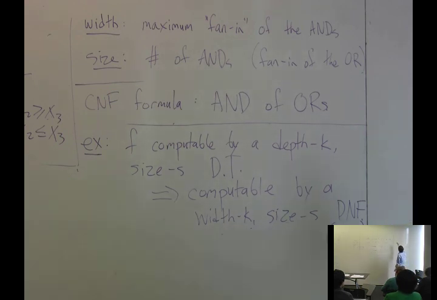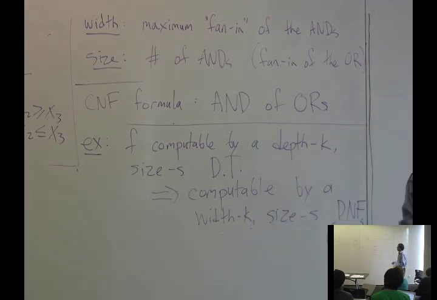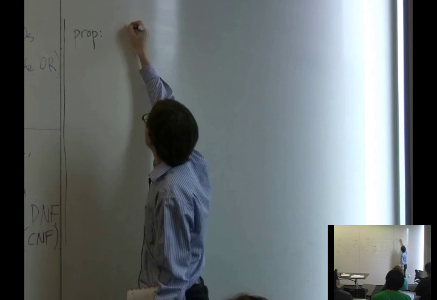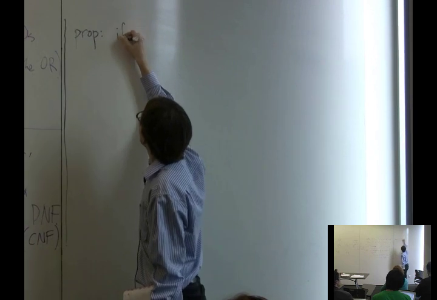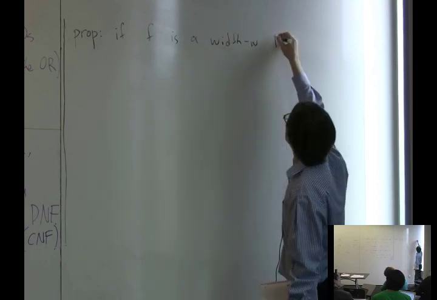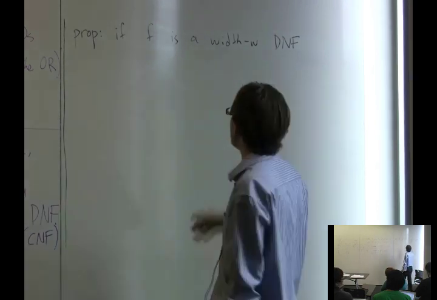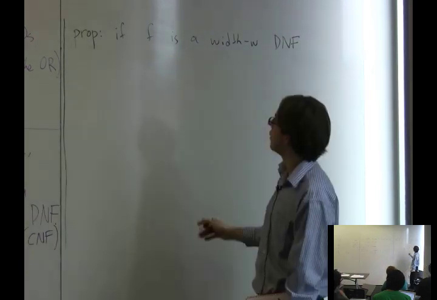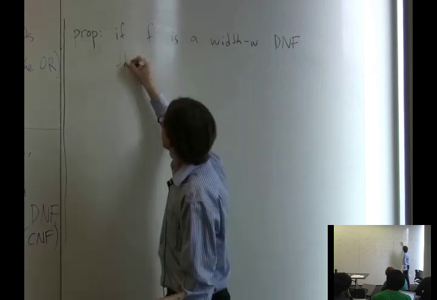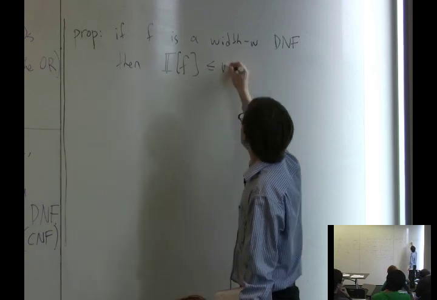So to prove that DNFs have simple Fourier spectra, relatively simple, we'll start with a very simple proposition. And it says that if f is a width w DNF, and really I should say if f is computable by width w DNF, but I'm identifying DNFs with the functions they compute, then the total influence of f is at most w.